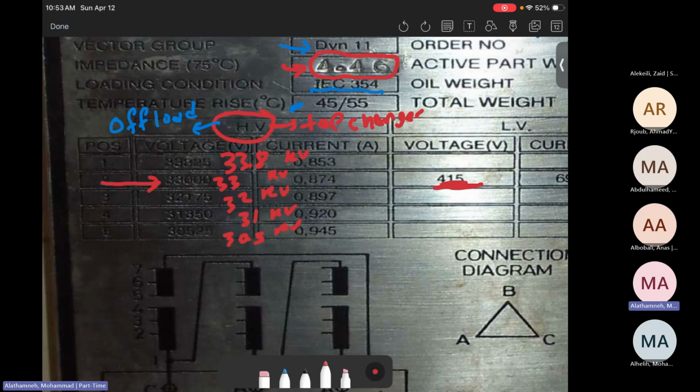They will go to the distribution transformer and increase the tap changer settings. Again, the tap changer will be only at the high voltage side, not at the low voltage side, for convenience, because the low voltage side is very sensitive to small variations, while the high voltage side is less sensitive.